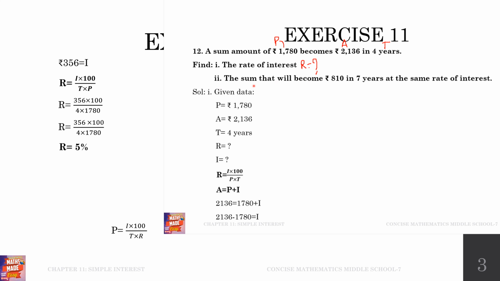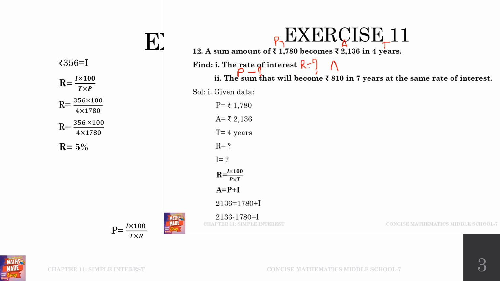Here the sum will become rupees 810. That means we have to find out the sum, that is P. P is how much? And that will become 810.